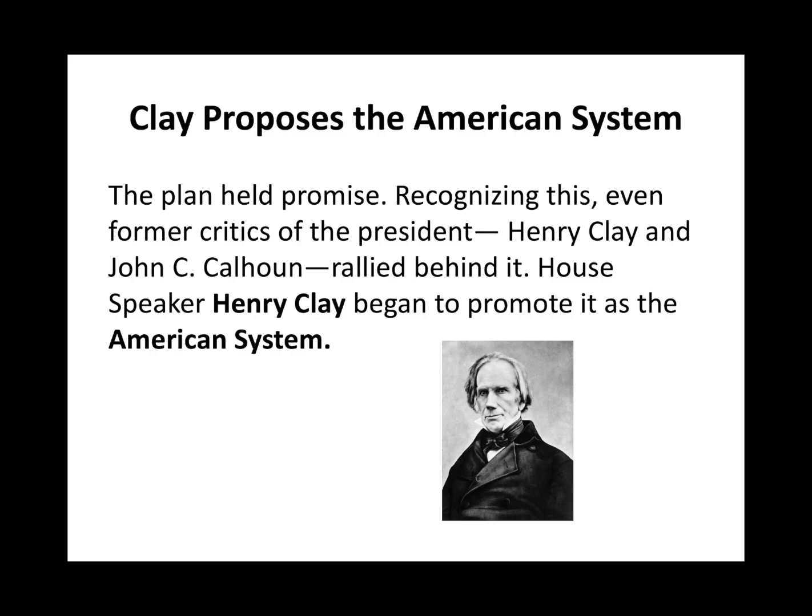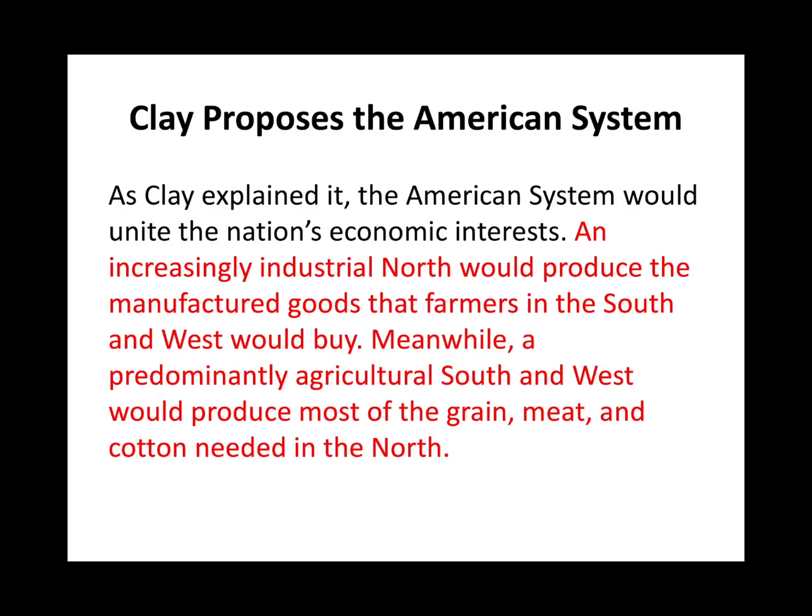All right, so the plan held promise. Recognizing this, even former critics of the president, Henry Clay and John C. Calhoun, rallied behind it. The House Speaker, Henry Clay, began to promote this as the American system. And as Clay explained it, the American system would unite the nation's economic interests.